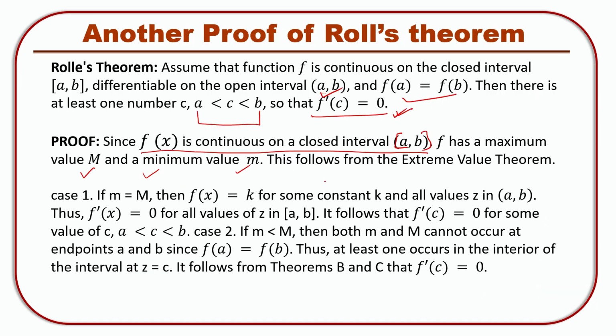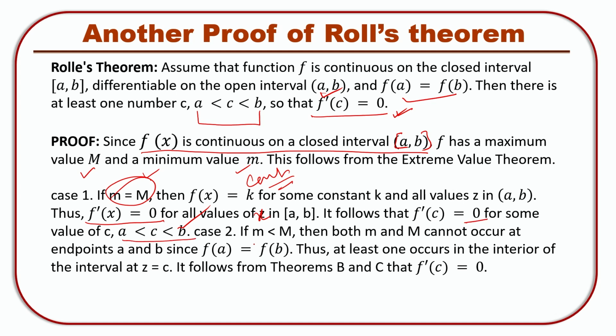Case 1: if both the maximum and minimum are equal, then f(x) is going to be a constant function, and once it is constant, f dash of x equals 0 for all values of x in (a, b). It follows that f dash of c is equal to 0 for some value of c.